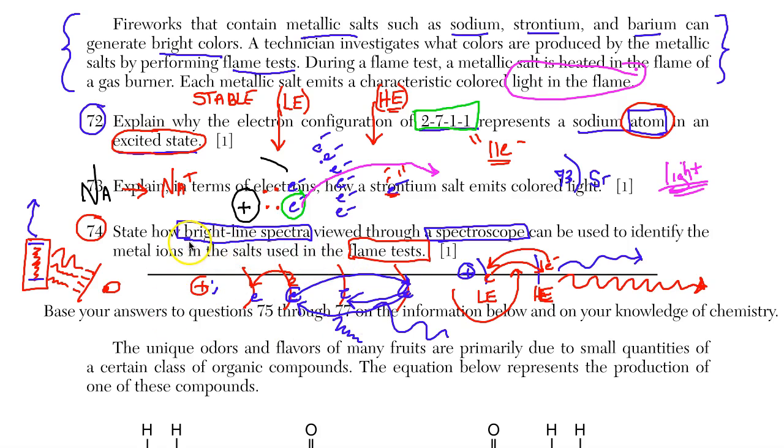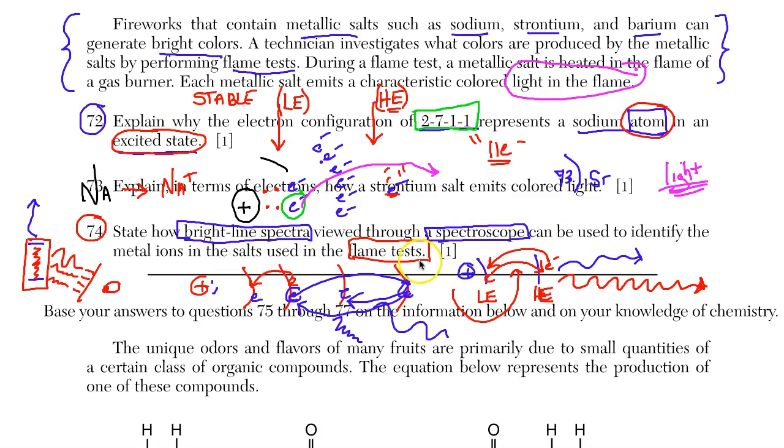So why are there different types of light by the different salts? The answer really lies in the fact that different elements have different unique colors given off when they are excited and return to their ground state. So the question states, how can they be used to identify the metal ions in the flame test?